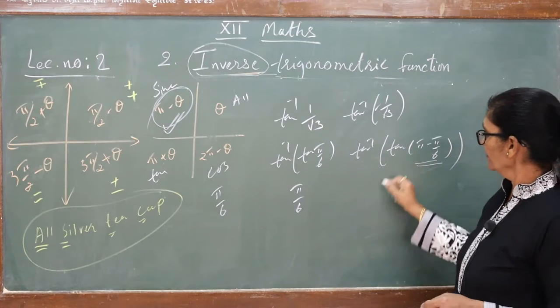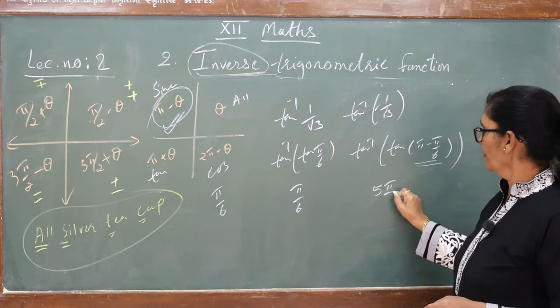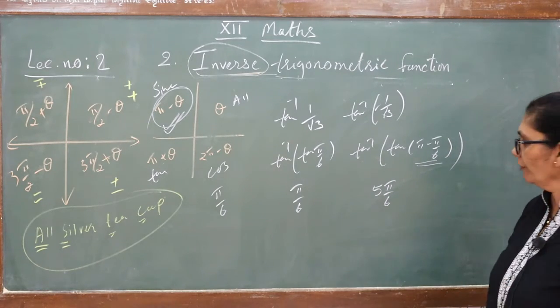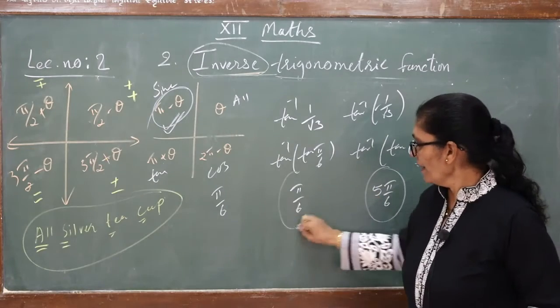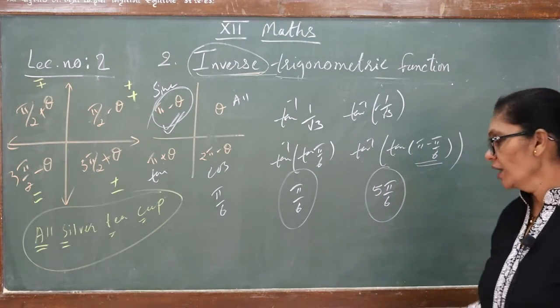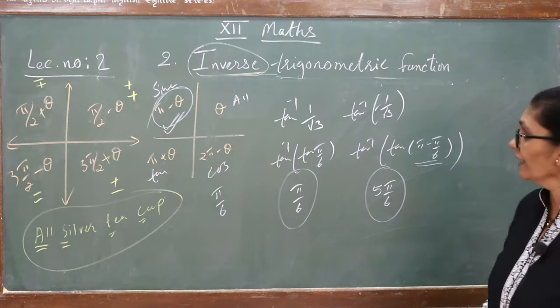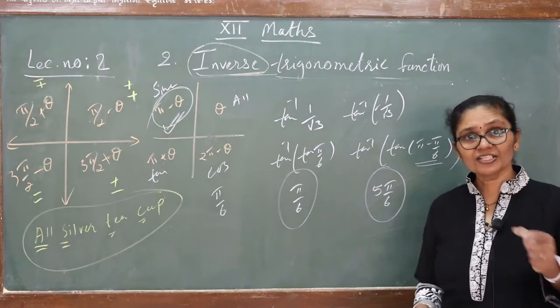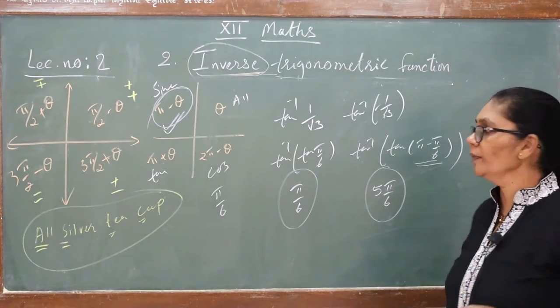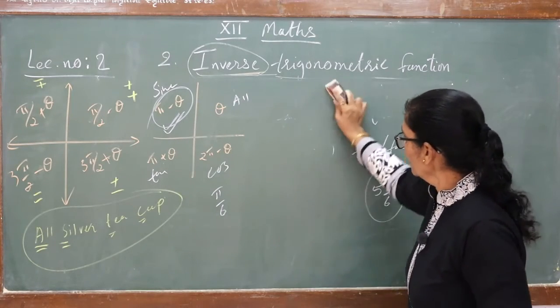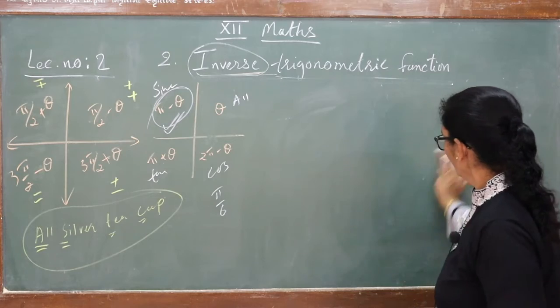So tan inverse cancels and pi minus pi by 6 is 5 pi by 6. Now remember, for tan, pi by 6 is in the given range and 5 pi by 6 is also in the given range. If it is not in the given range, then we have to bring it into the range, and only then can we solve the trigonometric question.